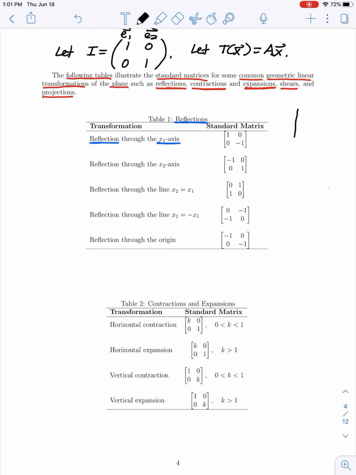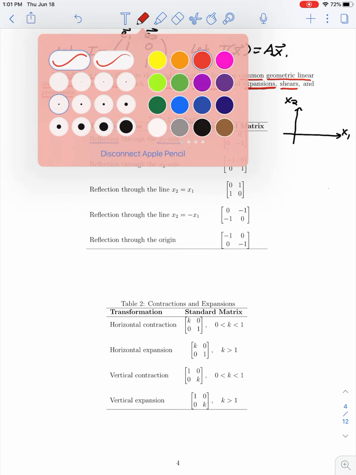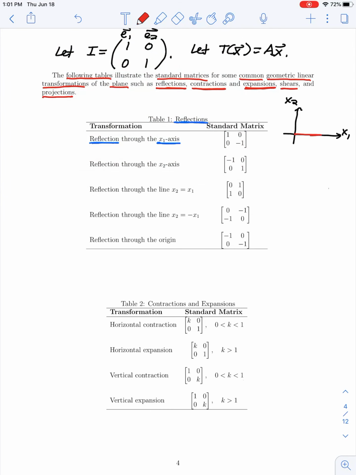Geometrically, the vector E1, its reflection about the x1 axis is itself.